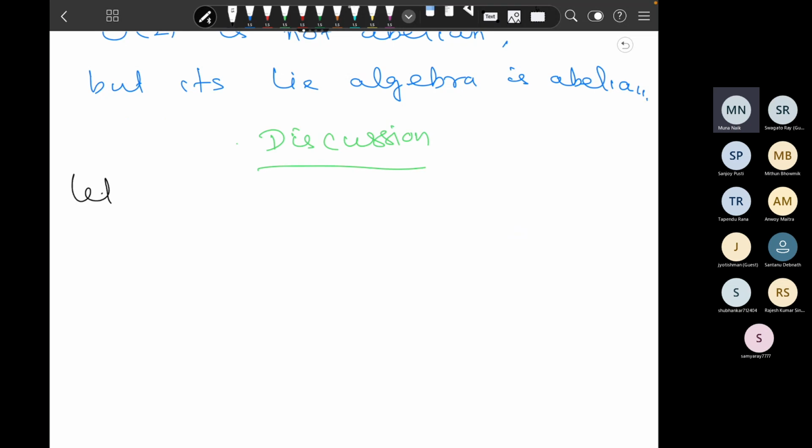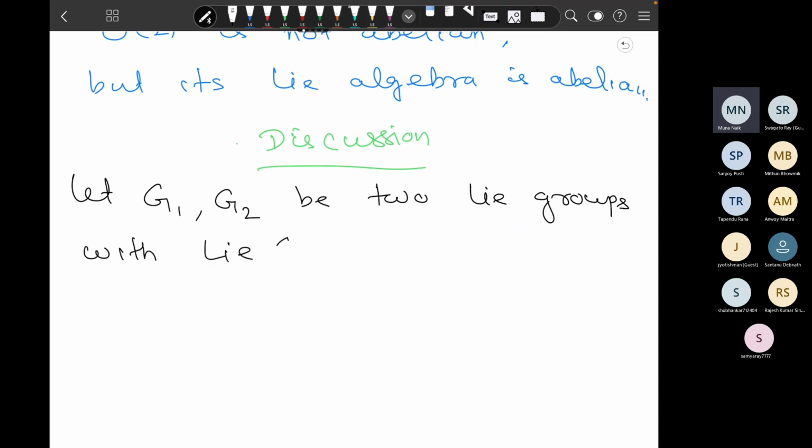So let G1, G2 be two Lie groups with Lie algebra of G1 being small g1 and Lie algebra of G2 being small g2.